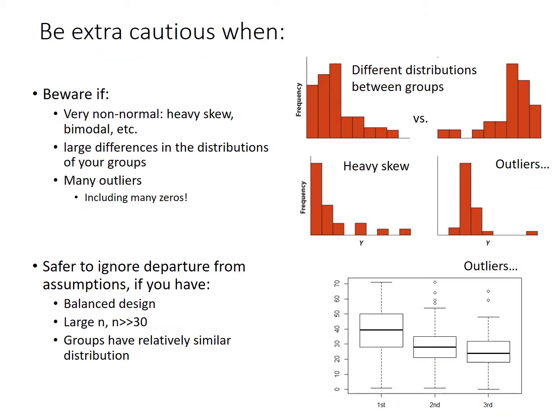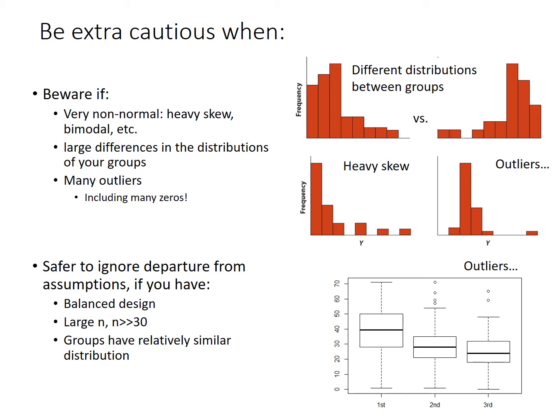So it's important to be extra cautious in a few situations. While most tests are quite robust to issues of normality, and in some cases even the variance issues, if things are very, very non-normal, like they're very heavily skewed, or maybe they show a bimodal distribution, like two humps instead of one unimodal single hump, like in a normal distribution, then you might want to think very carefully about how you can deal with that.